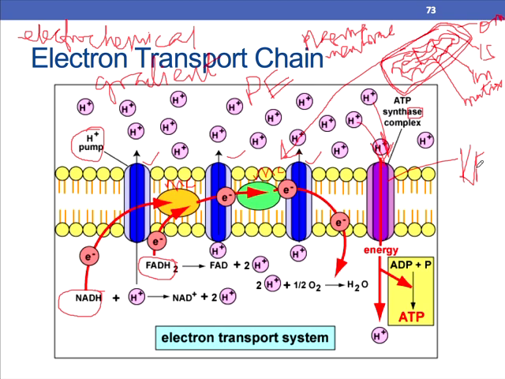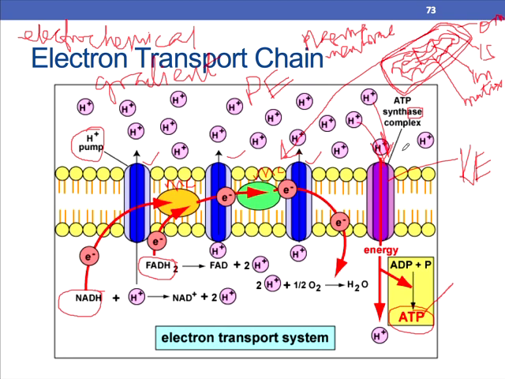This kinetic energy then serves as activation energy that catalyzes this reaction, the addition of phosphate to ADP, and you end up with ATP. So adenosine diphosphates end up becoming adenosine triphosphates. This is the energy currency of the cells, and this is the end goal of the entire process.